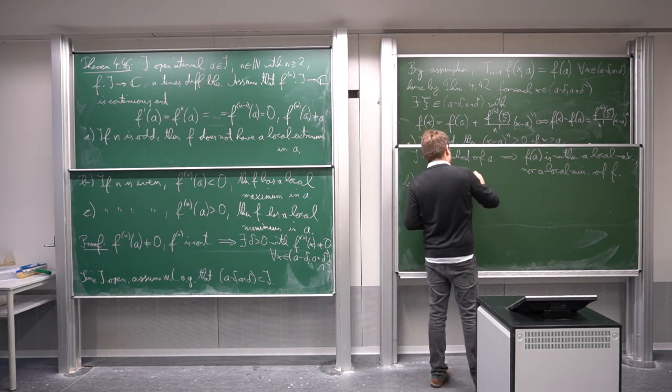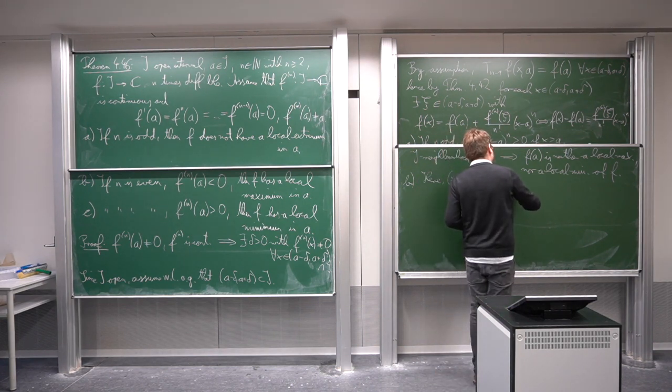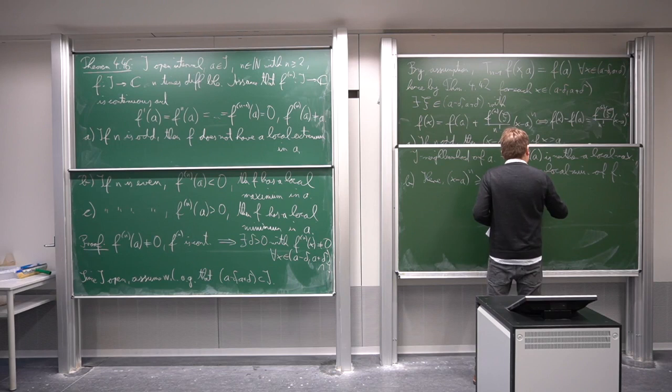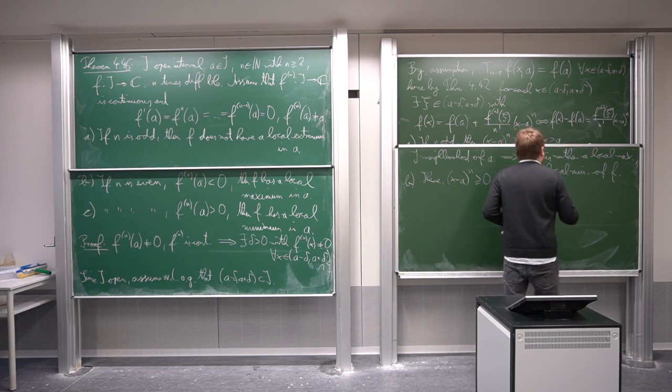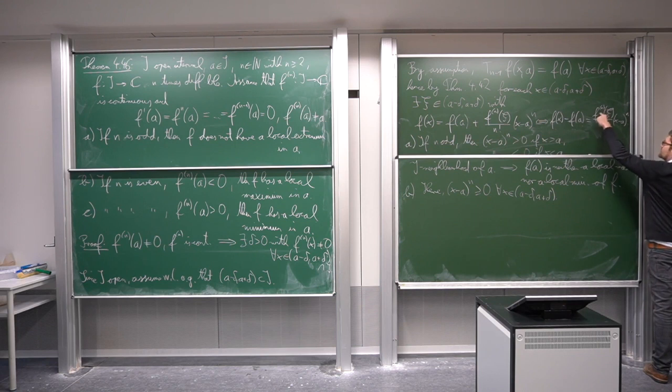So here we know that x minus a to the power of n is always bigger than or equal to 0 for all x in a minus delta, a plus delta. So the sign of the right-hand side only depends on the sign of the other factor, because this is non-negative. And so if this is negative, the right-hand side will be negative. If this is positive, the right-hand side will be positive for all x.